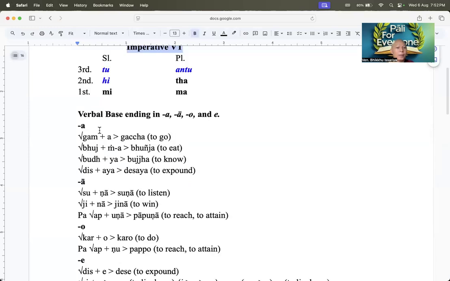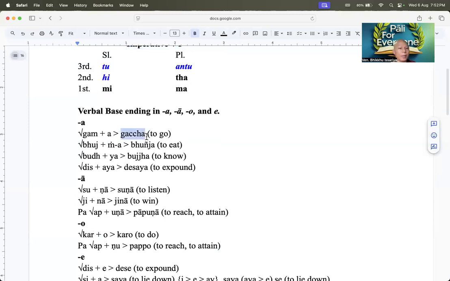Do and ntu, hi, tha, mi, ma. To form it like this, gacchatu, gacchantu, gaccha or gacchāhi, gacchatha, gacchāmi, gacchāma. And bhuñja also: bhuñjatu, bhuñjantu, bhuñja, bhuñjatha, bhuñjāmi, bhuñjāma. So bhuñja means to eat. So bhuñjatu: may he eat, he may eat, let him eat. Bhuñjantu: may they eat, let them eat.